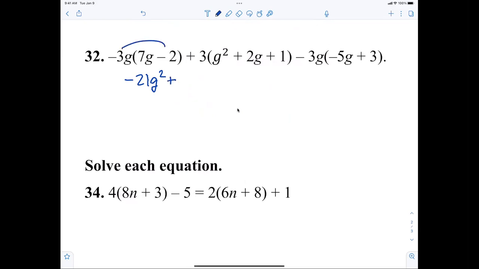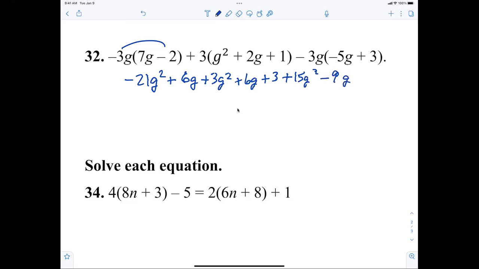And then negative 6g. Why is it positive 6g? Right, now come on, distribute the 3. 3g to the second, 6g plus 3. Good. 15g to the second, and negative 9g.